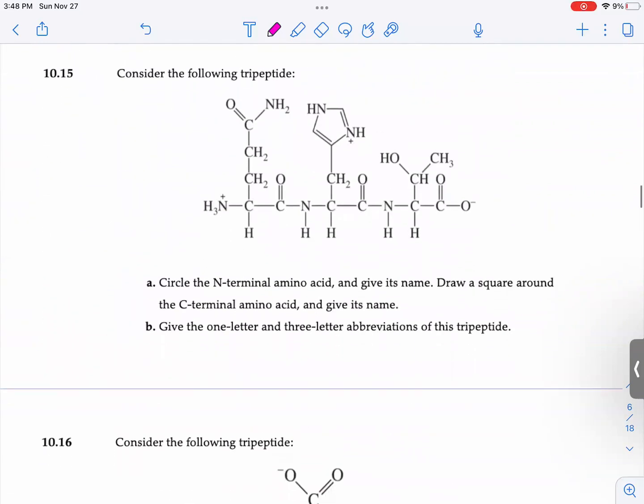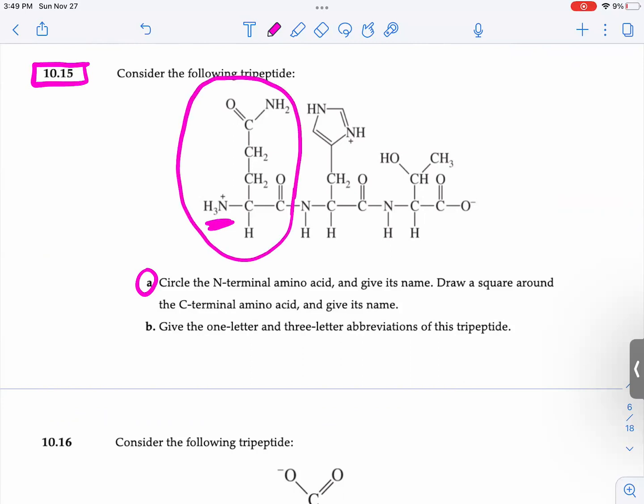Okay. So let's see. Are we going to do 10.15? Yes, we can do that. So 10.15. Consider the following tripeptide. Okay, circle the N-terminal amino acid and give its name. Okay, well, if we look here, we can find the beginning and the end of an amino acid, right?